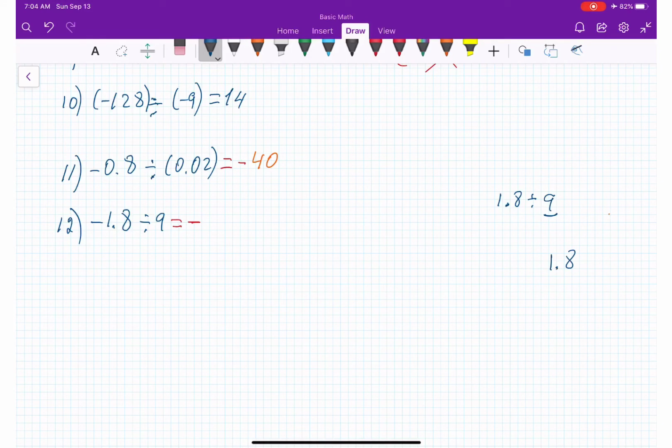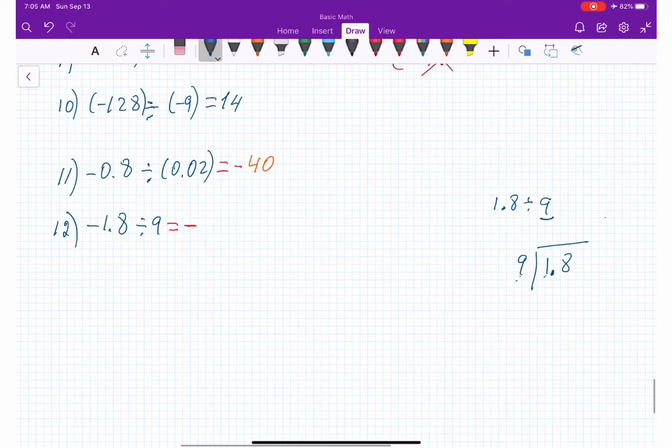1.8 divided by 9. Now since we have a decimal after 1, I cannot do it like I would with a whole number. Taking 1 is not divisible. I cannot divide 1 by 9. I have to put 0 here because I cannot divide 1 by 9.